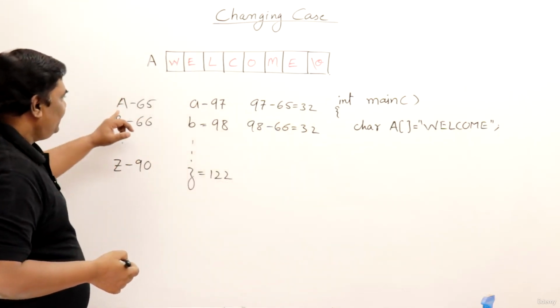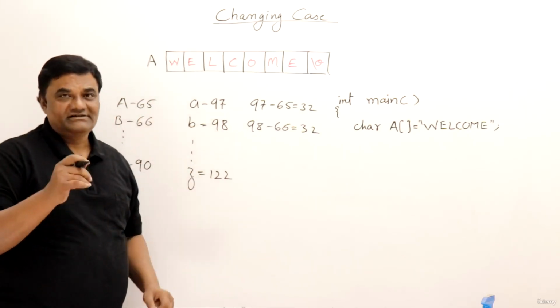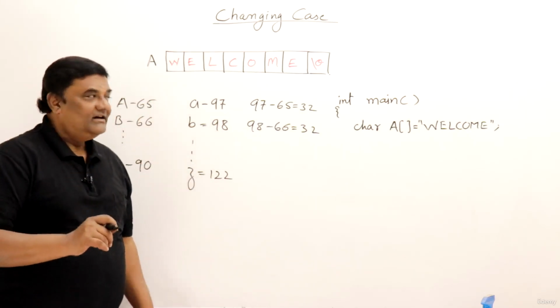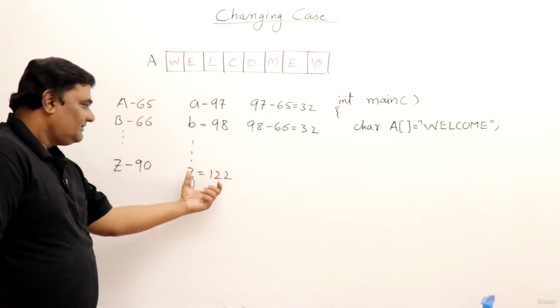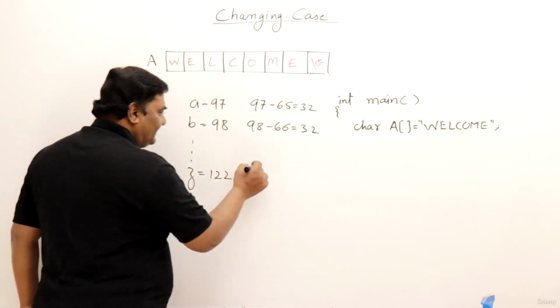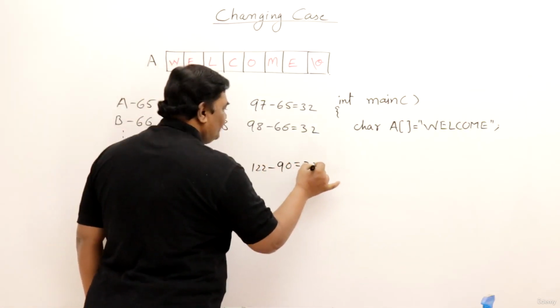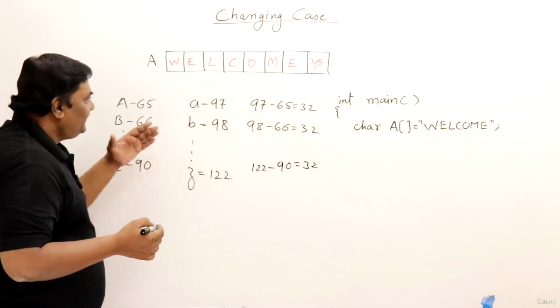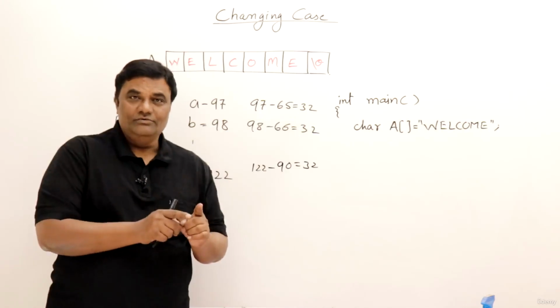So the difference between uppercase and lowercase letters is 32. Similarly, for capital Z and small z, 122 minus 90 is 32. So the difference between uppercase and lowercase is 32.